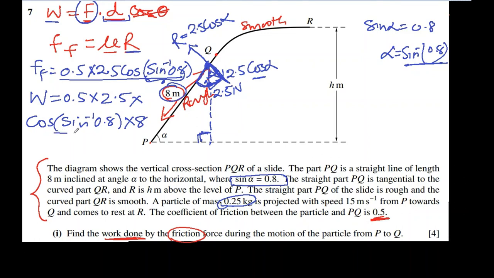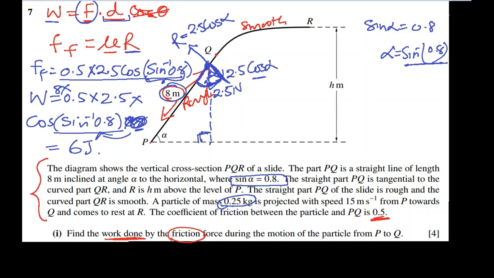Be very careful about this bracket, so that this 8 does not multiply with the angle. You can write 8 at the starting if you don't want to confuse. Just put this in a calculator and you'll get your answer. My answer is 6 joules.